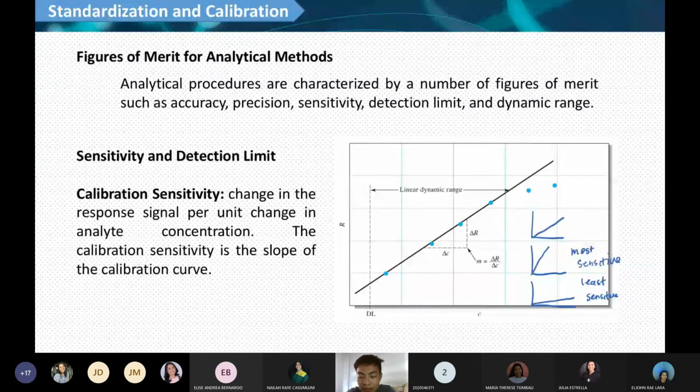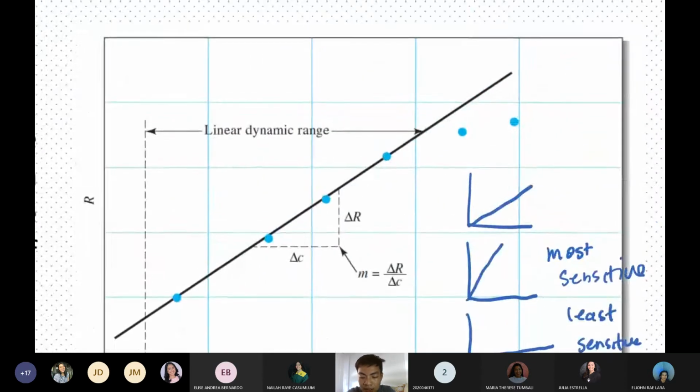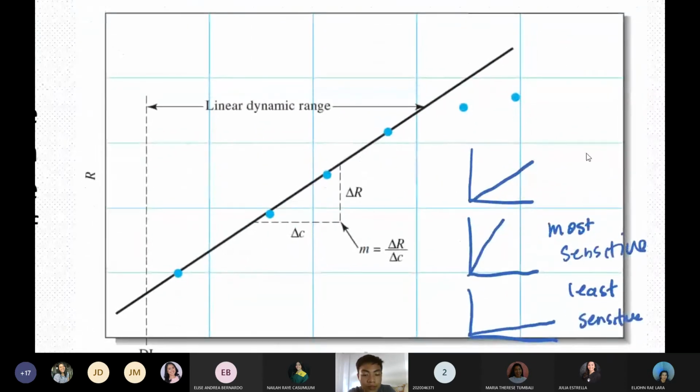Okay? And ano pa? Yung ating dynamic range, meron din siyang tinatawag na detection limit. No? So the detection limit is the range of the concentration where hindi significant yung readings mo doon. Ibig sabihin, noise sila. Ibig sabihin, hindi sila maganda gamitin for analysis. No?